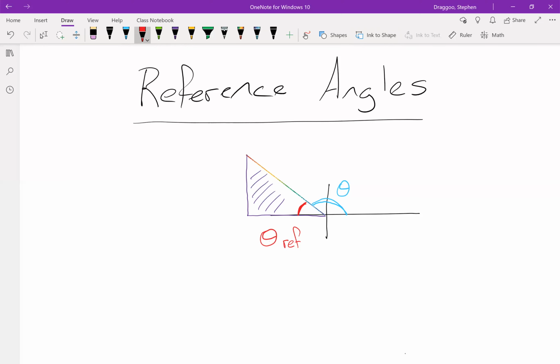A direct result of choosing my reference angle this way is that a reference angle will always be acute, meaning it's always between 0 and 90 degrees, so it will always work out to an angle that exists in the first quadrant. And if we're in radians, that means that my reference angle will always be between 0 and pi/2. I also won't ever have any negative reference angles, because again, I want it to be between 0 and 90 degrees.